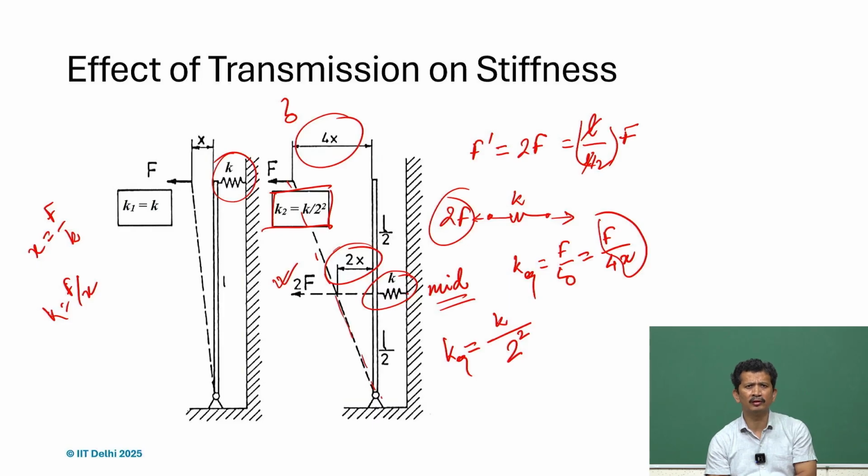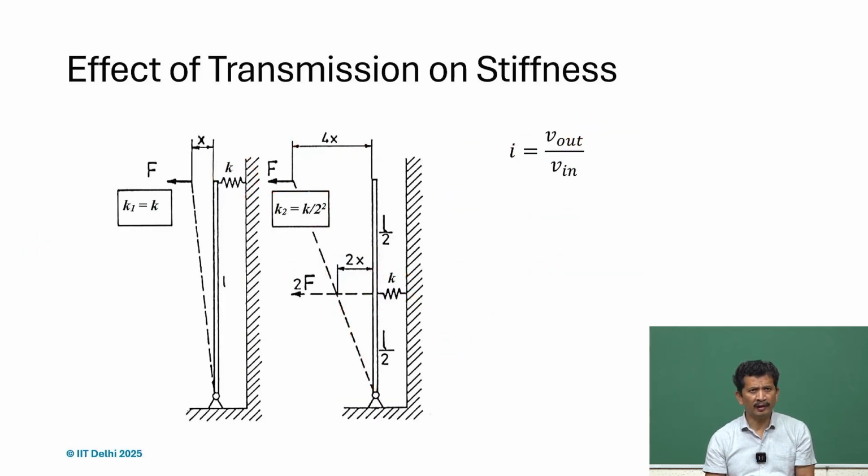So, you move to the midsection inside, but you lose stiffness, and how? Square times. So, placing any stiff or compliant member having value k will have a lot of effect on the equivalent stiffness, and this is one example to illustrate that.